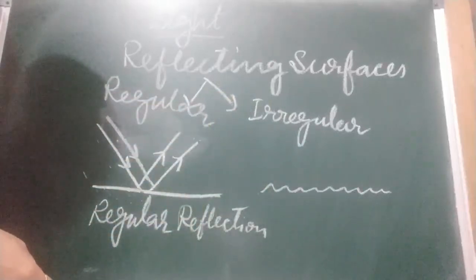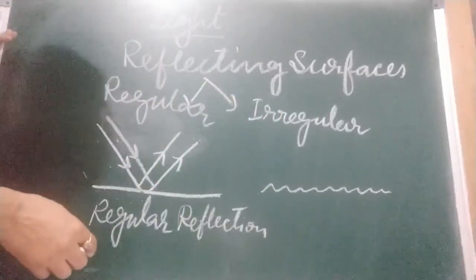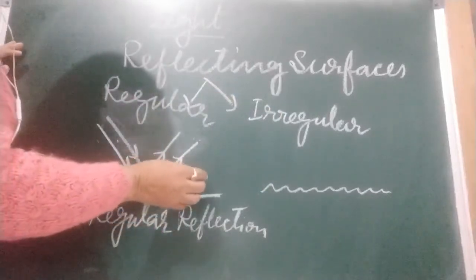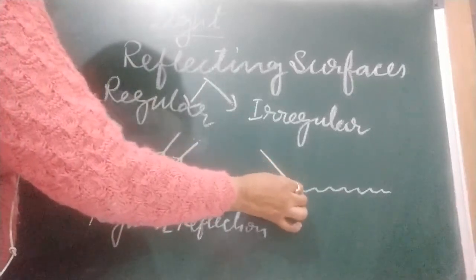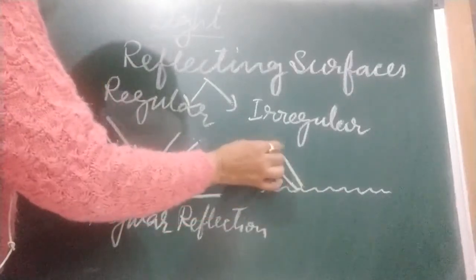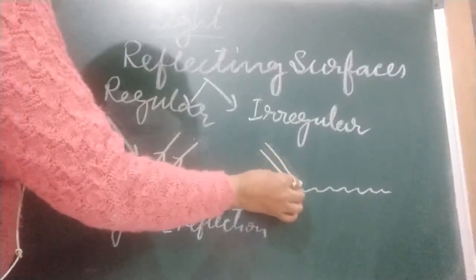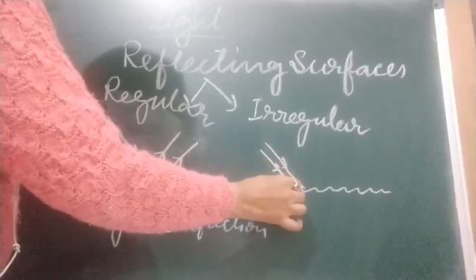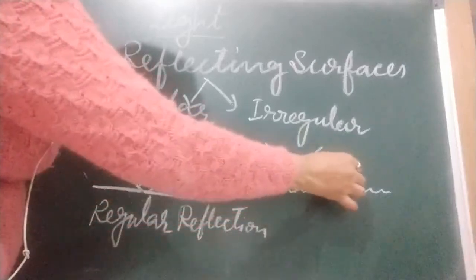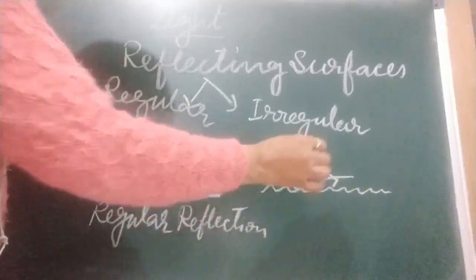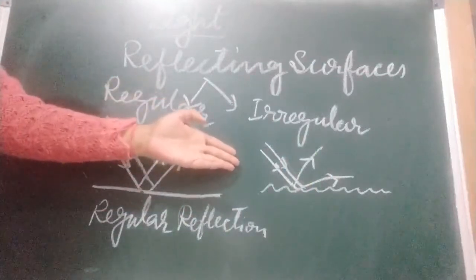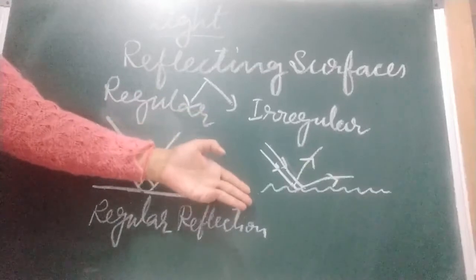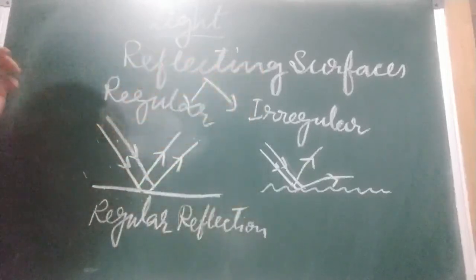A rough surface reflects a parallel beam of light incident upon it in all directions. The parallel beam is there, but it goes in different directions. That is why a proper image doesn't form.